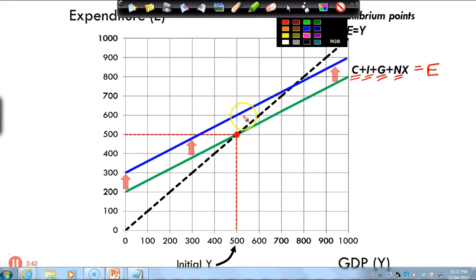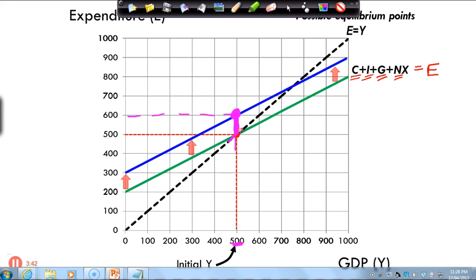We can see that initially at 500 income, the expenditure now would be 600. So the economy is in disequilibrium. We've got a gap between expenditure and income.